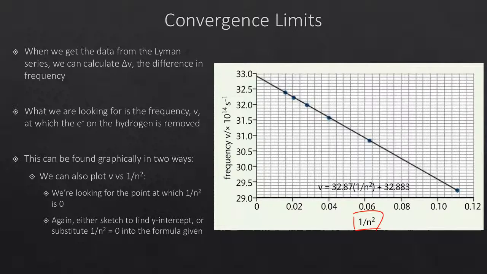So what we're looking for here is the frequency at which 1 over n squared equals 0. So instead of tracing down to find the x-intercept like we did previously, we're tracing up here to find where the y-intercept is. So again, you can either extend your graph, or you can just substitute 1 on n squared equals 0 into the formula given.